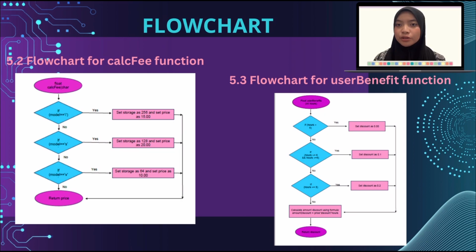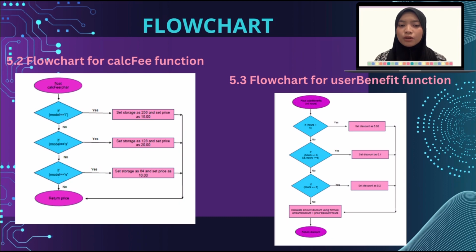Now, I will continue with the third flowchart, which is the flowchart for the user benefit function. The program will start with the function called float user_benefits(integer hours). Then the program will continue with the if selection by the hours entered by customers. If the hours entered is less than 6, then the discount will be set as 0.